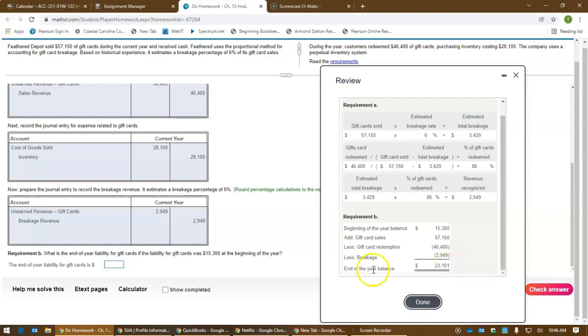So the end of year balance is $23,101 remaining as our unearned revenue for gift cards.